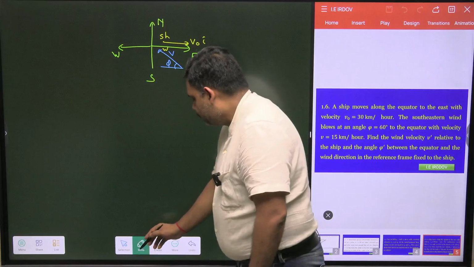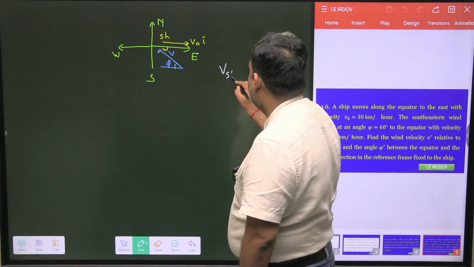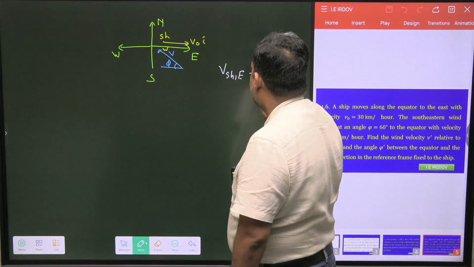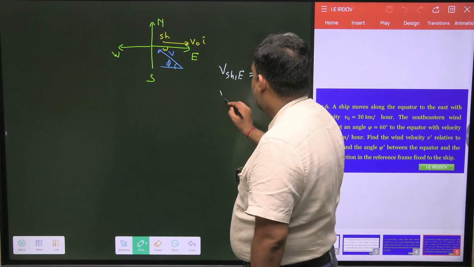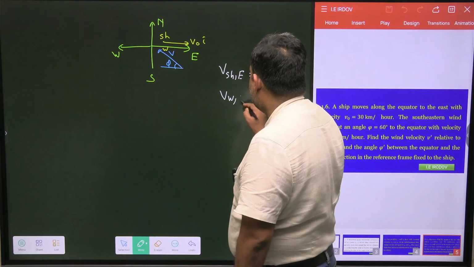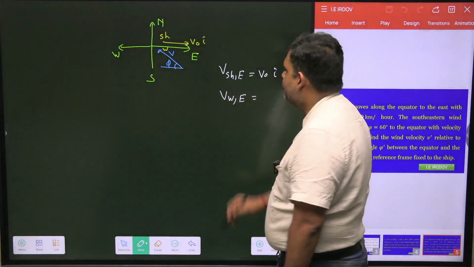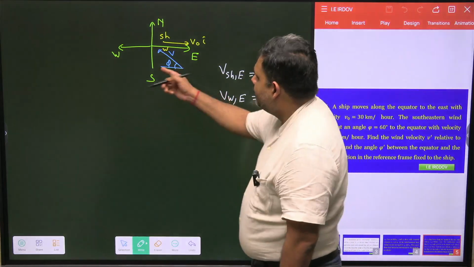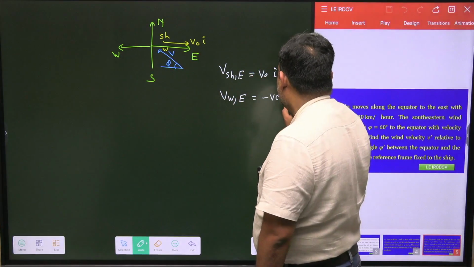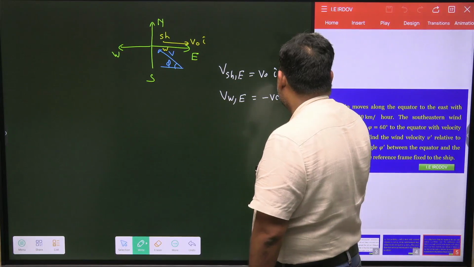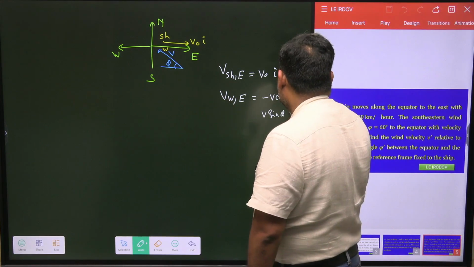So what is this one? The velocity of the ship with respect to Earth is V naught in the I cap direction. The velocity of the wind with respect to Earth, where E is the Earth, don't confuse it with east, we can get by taking components along this side and this side. That value is minus V cos phi I cap plus V sin phi J cap.